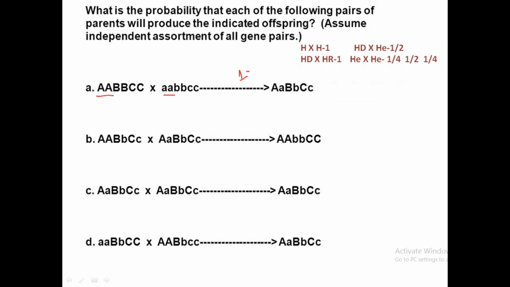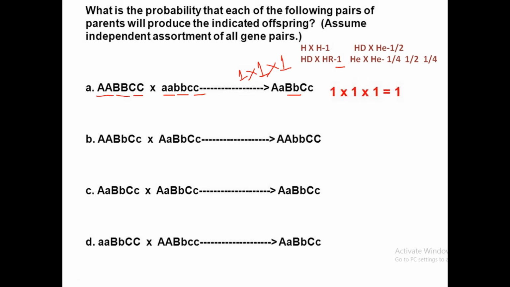Then we will cross between capital B and small b, then the probability that we will get capital B small b is 1. We know that if we cross between homozygous dominant and homozygous recessive, every time we get one type of genotype only, that is 1. Now capital C and small c, we get again 1.